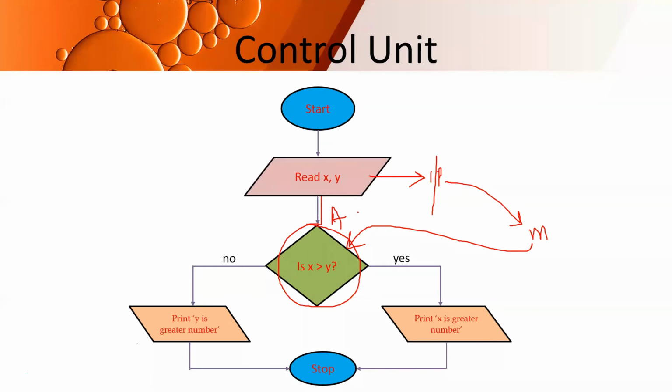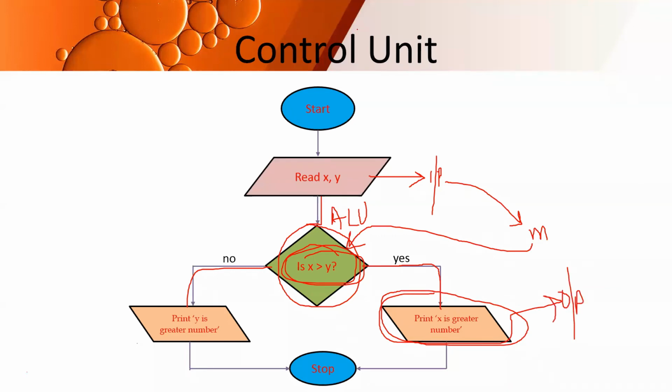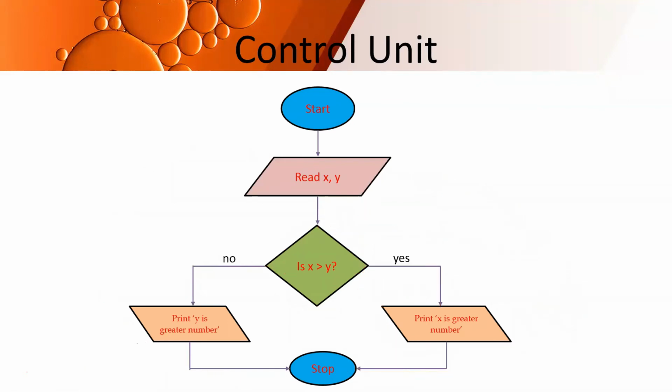The ALU, for taking this decision. After taking the decision, whatever it is, yes or no, depending on that, data has to be displayed. Displayed where? Output device. And once it is displayed, if there are other statements in the program, again the cycle will go back and start again, or else once the cycle is over, it will come to a stop.